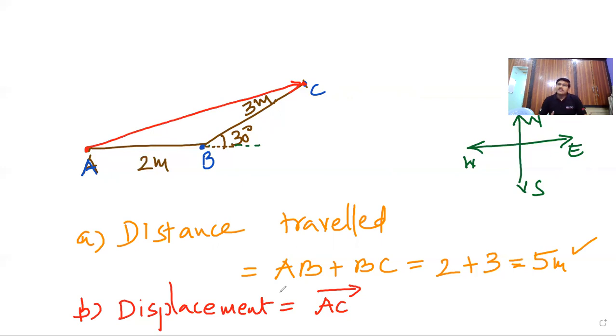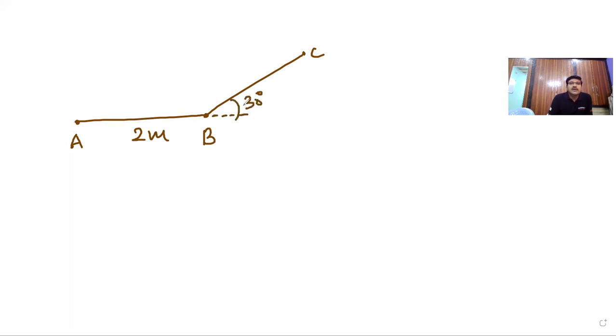Now, let us solve this question by two methods. First, simply by taking the geometry of the figure, simple mathematics. In the second method, we make use of vector sums. Okay, first, displacement, let us take up the geometry of the figure. This is A, 2 meters. This is B. Then this is C. This is 30 degrees to horizontal.